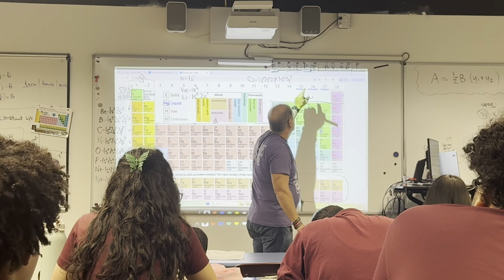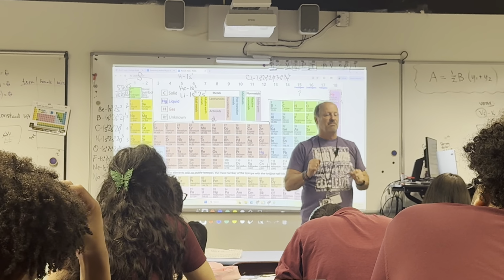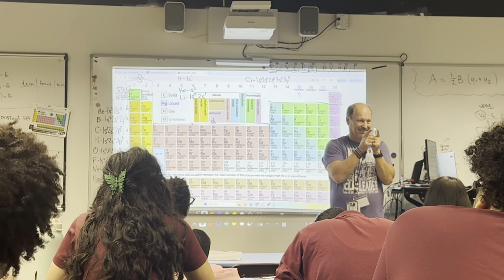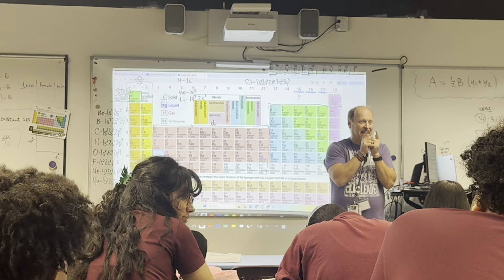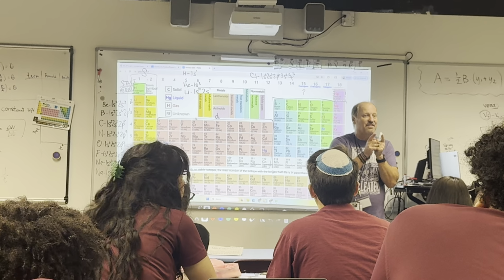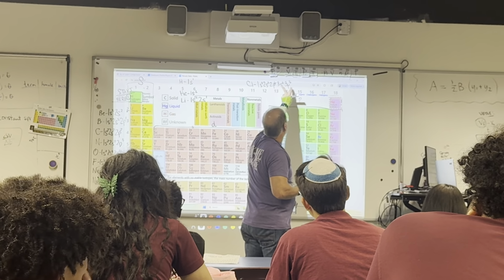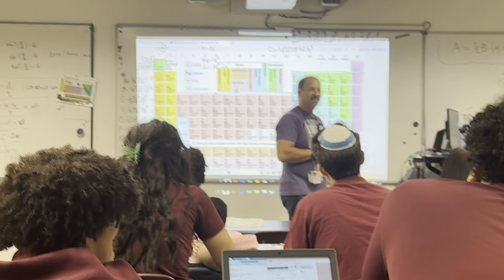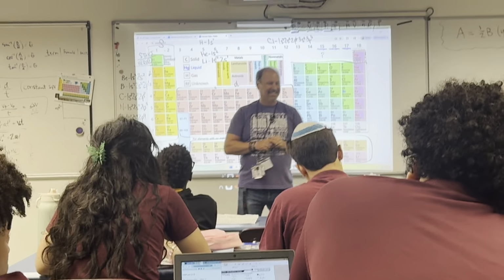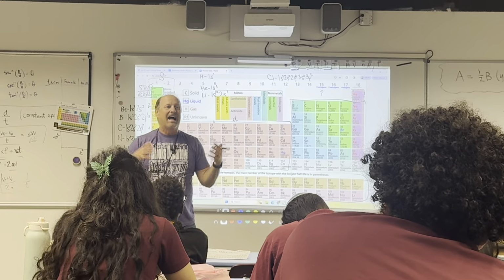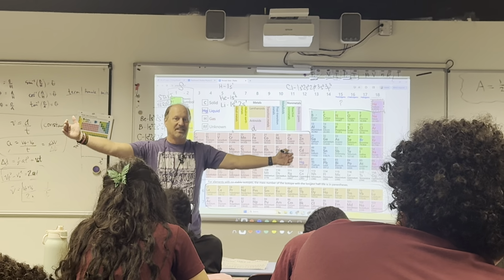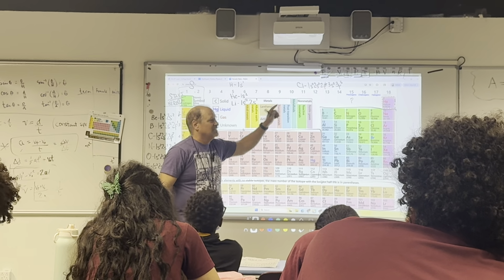So chlorine has 7 electrons in the outermost shell. Count the highest energy level. 3. How many electrons are in that? 7. Highest energy level, outermost shell, valence electrons, total 7.